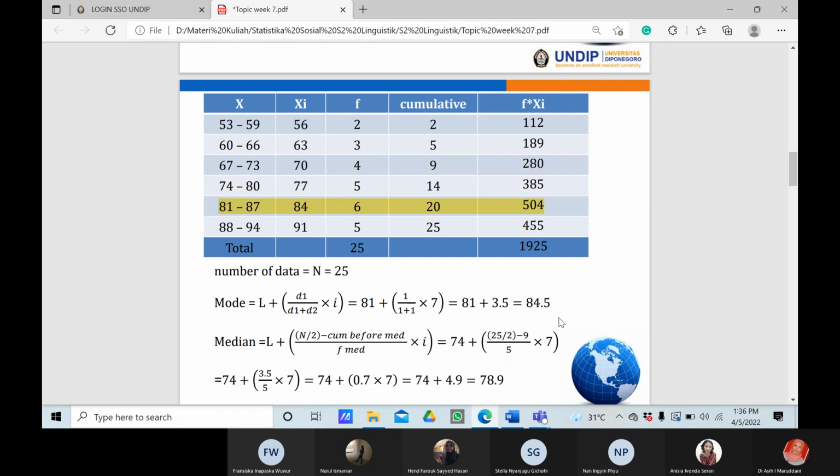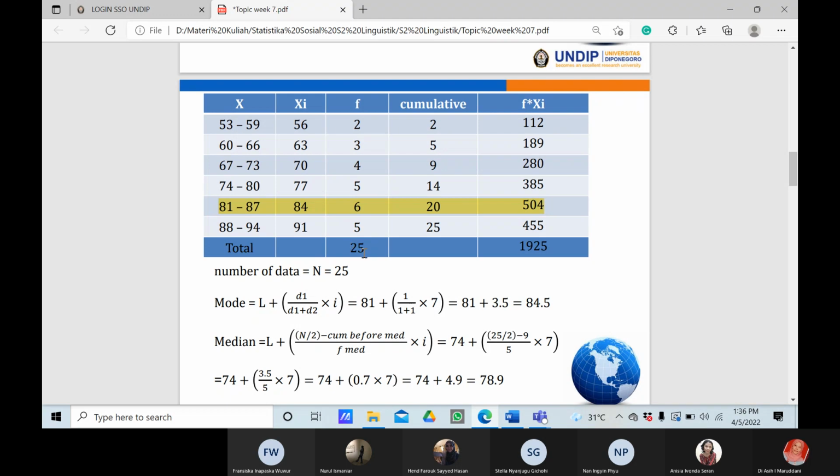Okay, thank you. Then the median is equal to the lower limit of the median class plus n divided by 2 minus the cumulative before median, divided by the frequency of the median class, times interval. You can see the total number is 25.